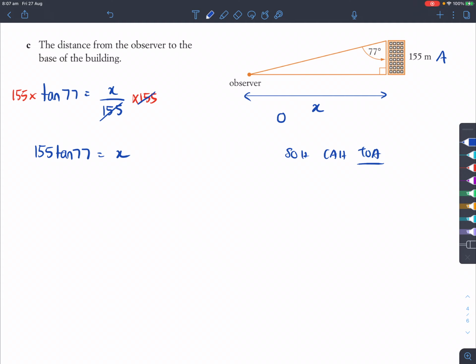So 155 tan 77 is going to give us 671.37, and there's more numbers after that. So let's round that to one decimal place. That would be 671.4 meters. Okay, so that's about 671.4 meters in length, which is pretty far.